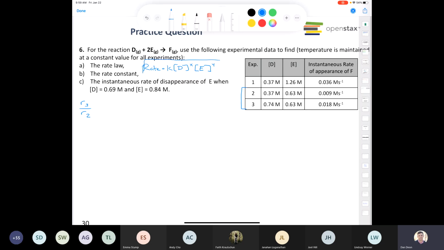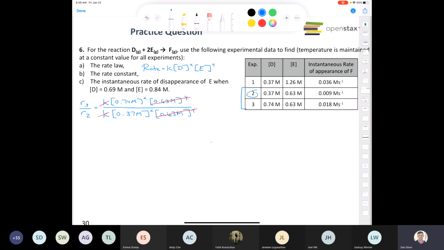And since this is our rate law right here, rate 3 is going to be equal to K times D, which is 0.74 molar, to the power of X, times E, which is 0.63 molar to the power of Y. Then I divide that by K, in experiment 2, the concentration of D is 0.37 molar to the power of X times 0.63 molar to the power of Y. So look what cancels. All of this is going to cancel, and this is going to cancel.